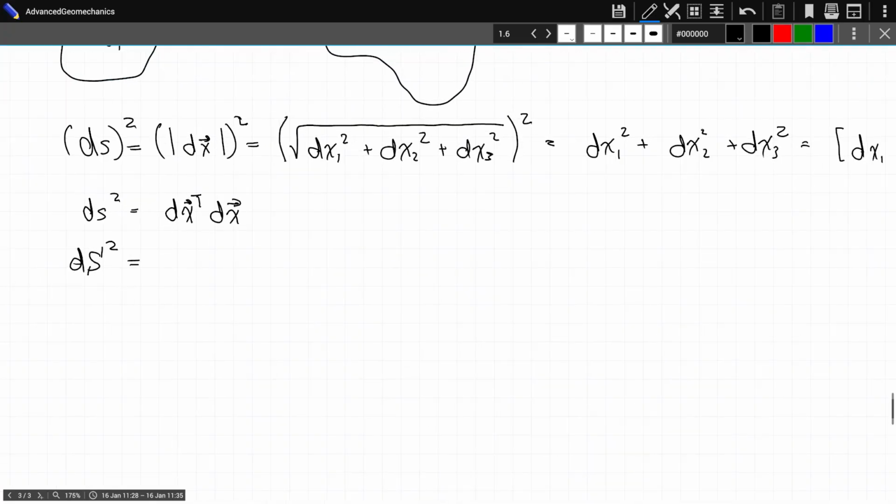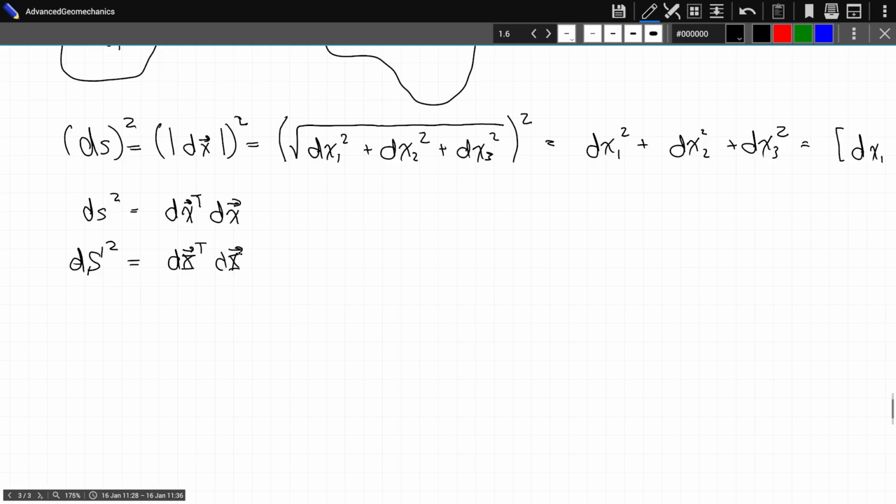Sometimes when I touch it with my hand, it jumps around. So ds squared is d little x transpose times dx, and d big S squared is d big X transpose times dX.